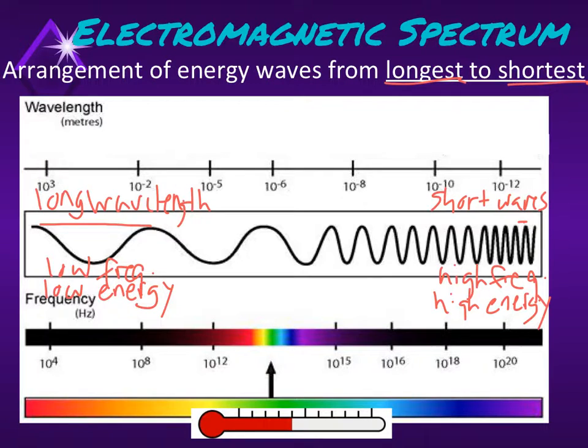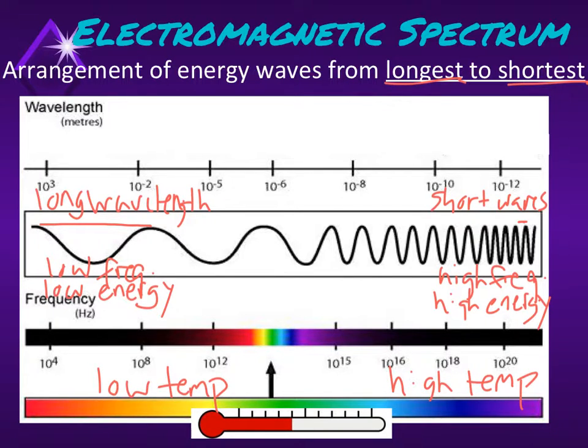Okay, now we can also make another assumption, is that on the left side, if we have low frequency and low energy, we can assume that the temperature is also going to be low. And on the right side, the temperature would be much higher. Okay, high energy, high frequency is going to create higher temperatures.